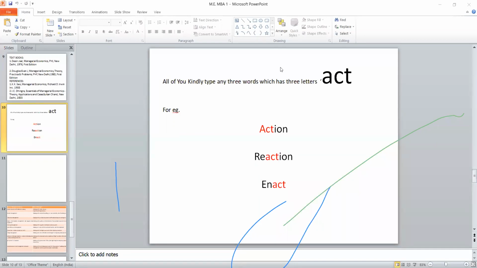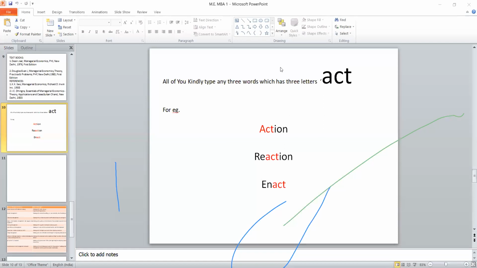Dinesh, sir. Pronounce a little bit louder. What is the word? Acting. Sir, Balaji. Fraction, sir. Fraction. Nice word.